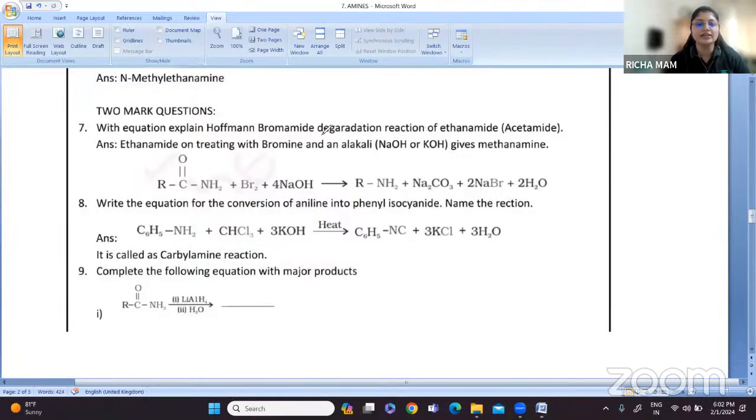The question can be asked generally also: explain Hoffman bromamide degradation reaction with an example.